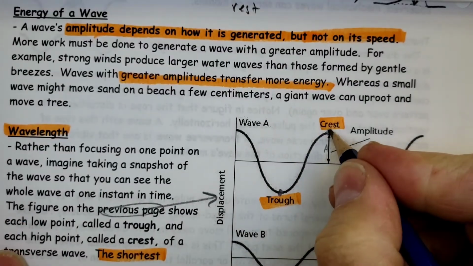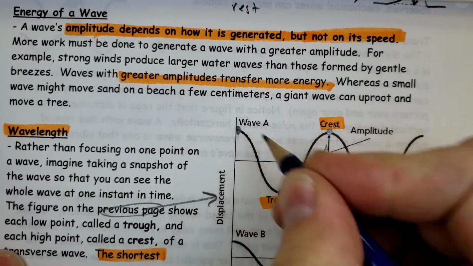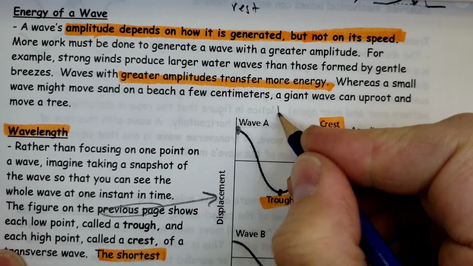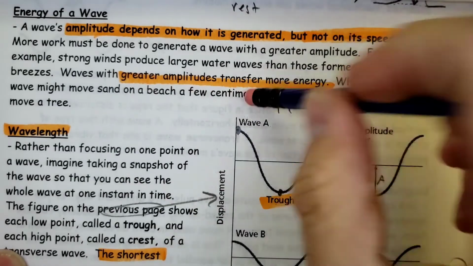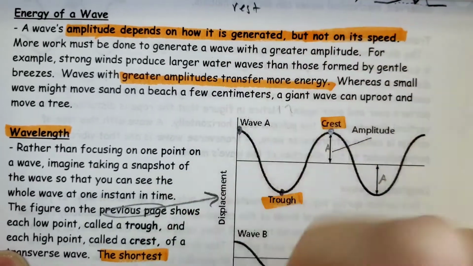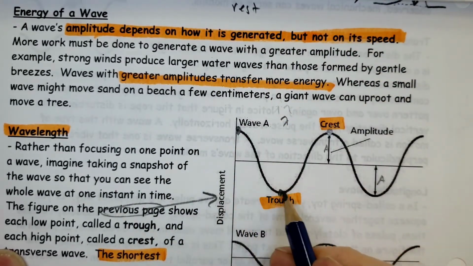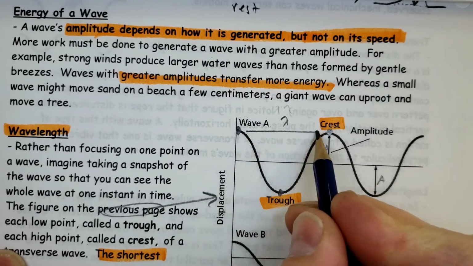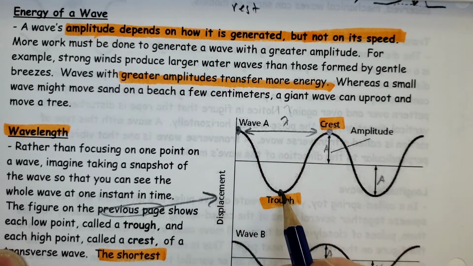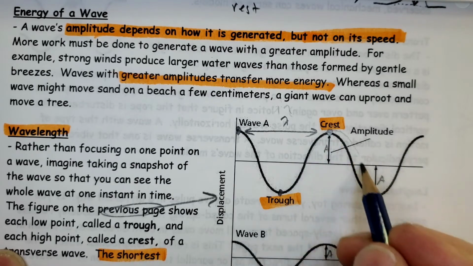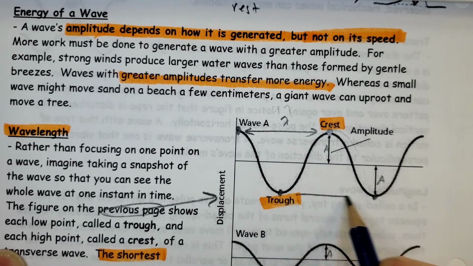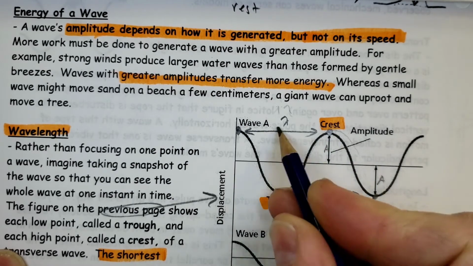So if we look over here, this would be a crest, this would be a crest. So one wavelength represents where the pattern begins to repeat. So crest, crest, that's one wavelength. Or if I take a look at trough, trough, the same distance as over here.